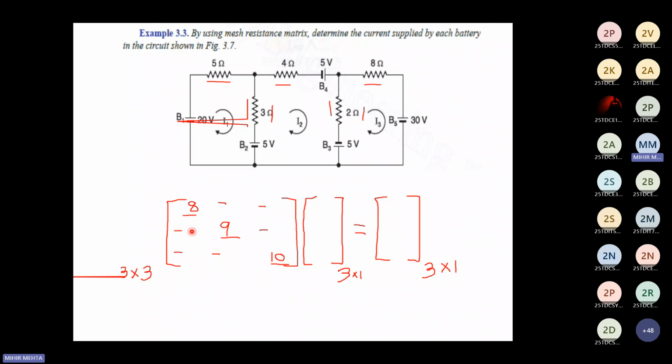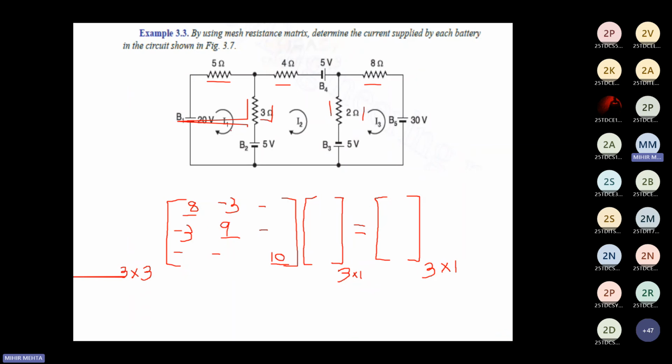Now that is nothing but the resistance which is shared by mesh 1 and mesh 2. If you see mesh 1 here, mesh 2 is here, and the resistance shared by them is 3 ohms. So you'll have 3 here. Similarly, for mesh 1 and mesh 3, there is no resistance common between them.